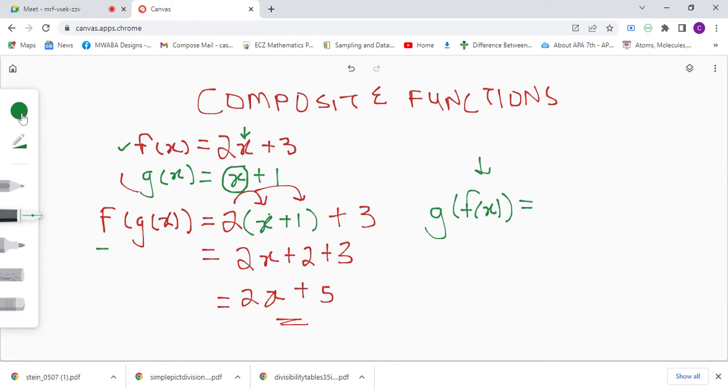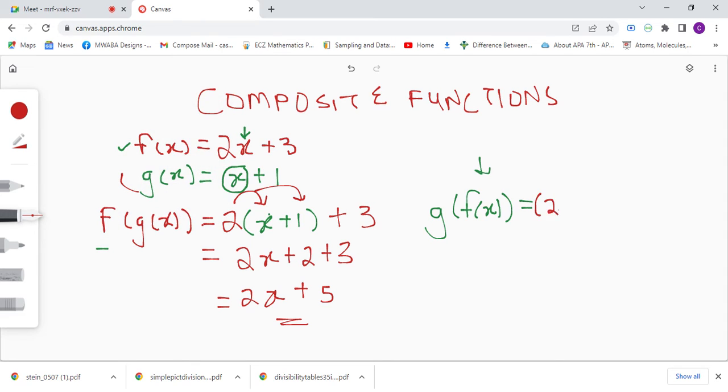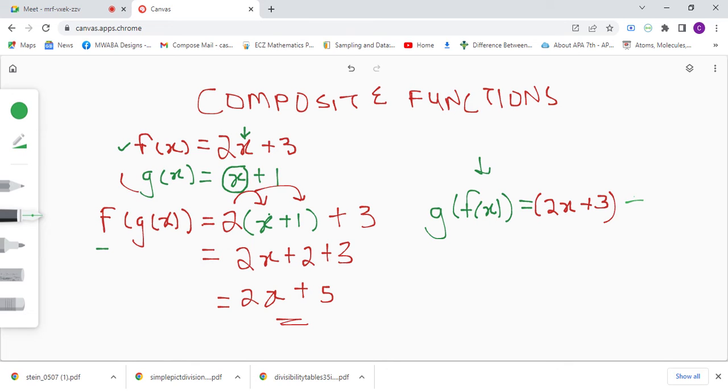So we're going to have 2x plus 3, plus 1. Our x variable in our g function was replaced by the f function.